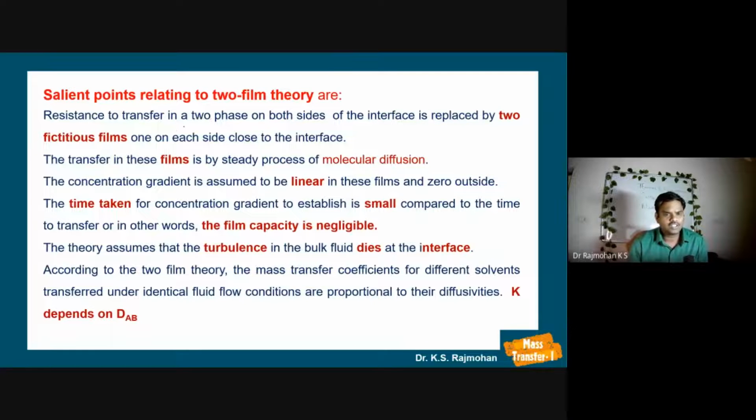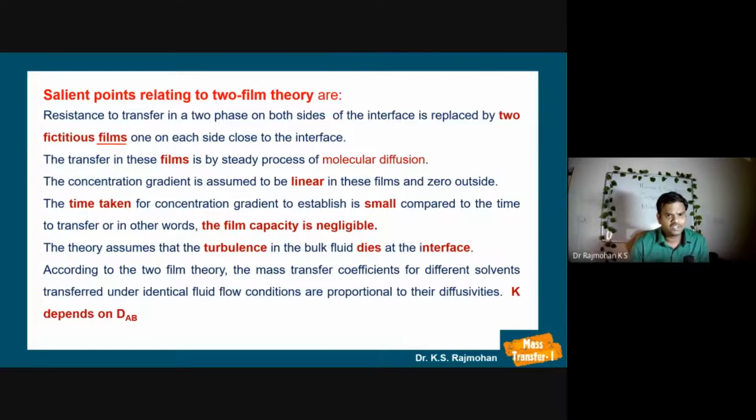The resistance to transfer in two phases on both sides of the interface is replaced by two imaginary films. We are assuming two thin fictitious films which do not actually exist. Resistance to mass transfer occurs only within these films, beyond which there is no resistance, and we assume the bulk is well mixed with uniform concentration.